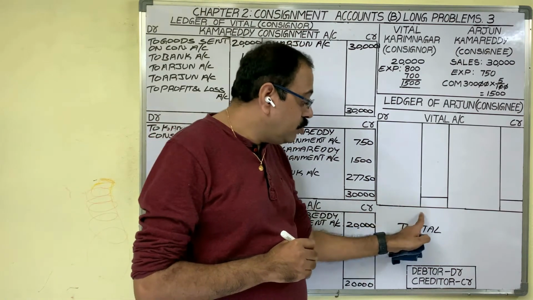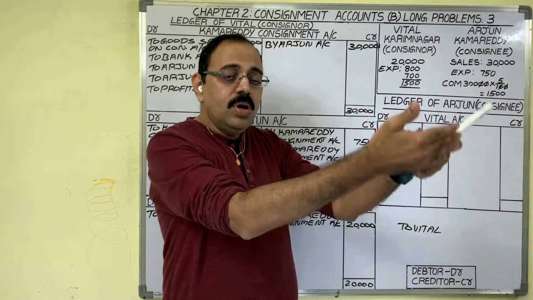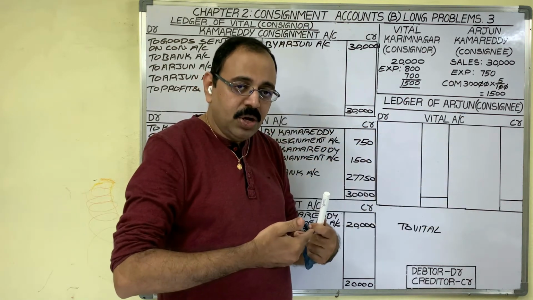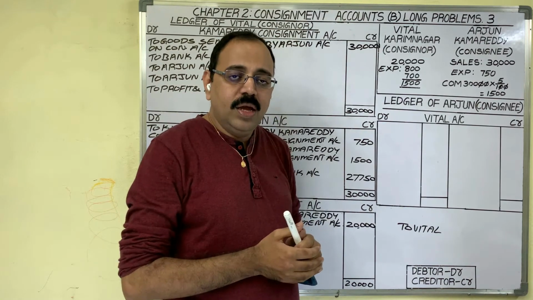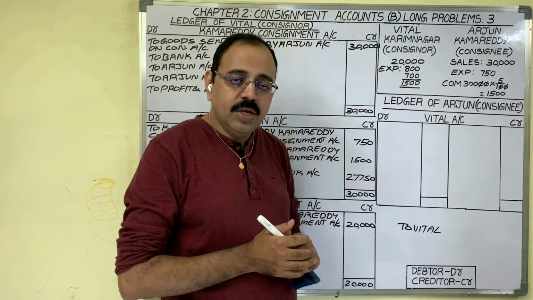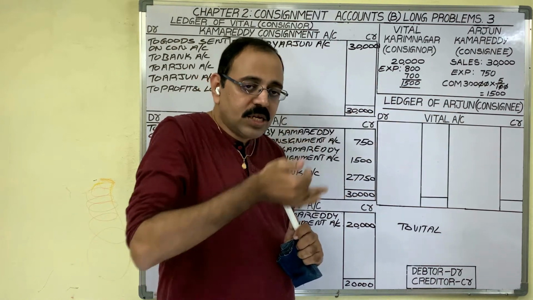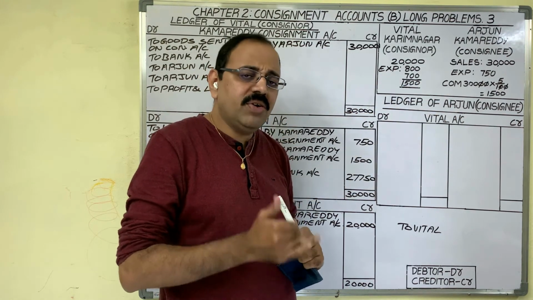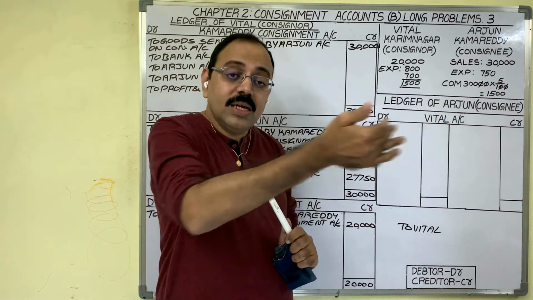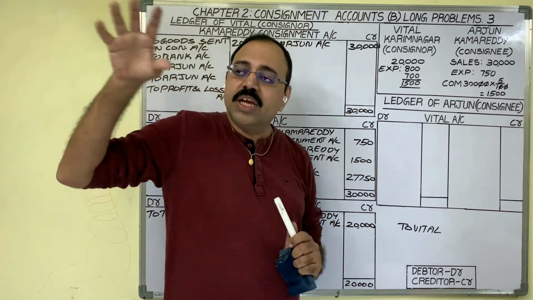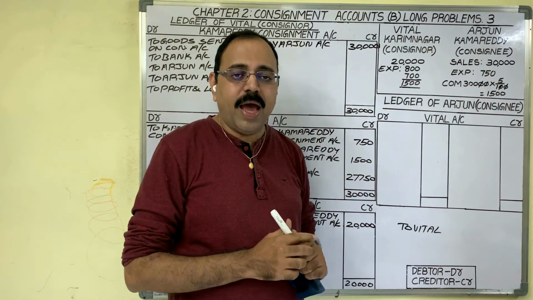And which account is to be debited? Consignee is selling. So the customer pays cash or the customer issues a check to the consignee only. Our assumption is always that the customer paid by check. When the check comes, we deposit that check in our bank and our bank collects money from the customer's bank.